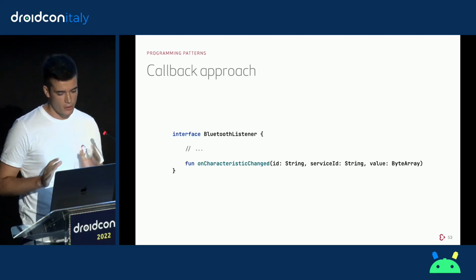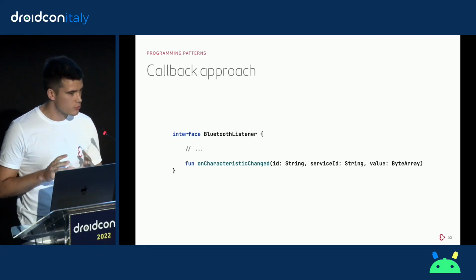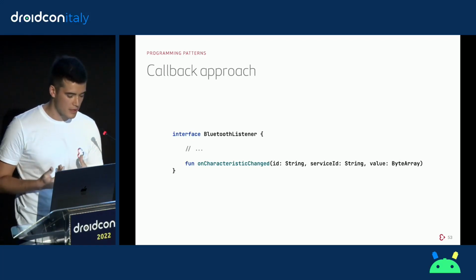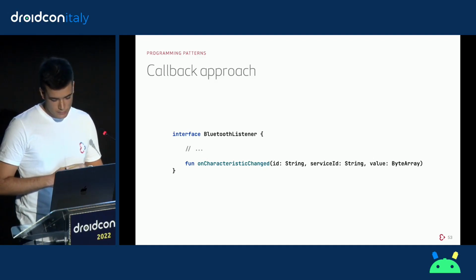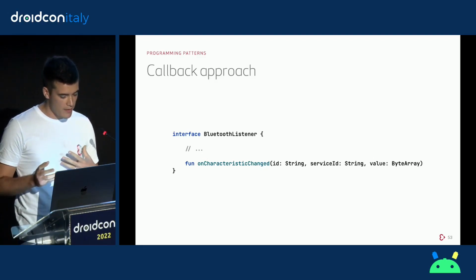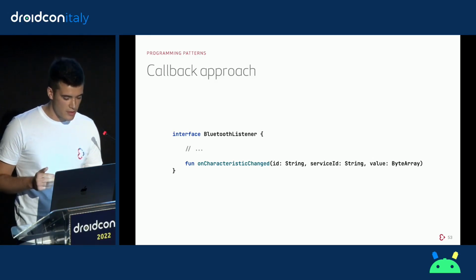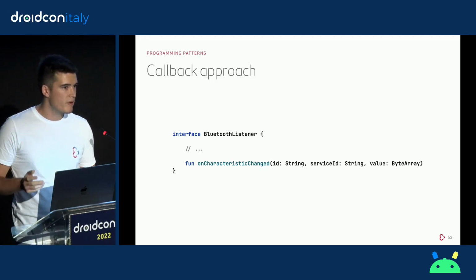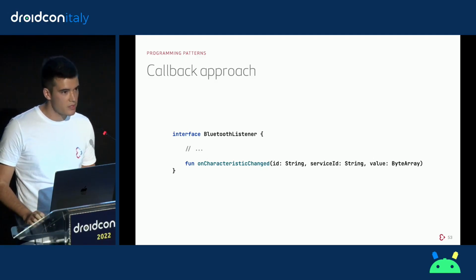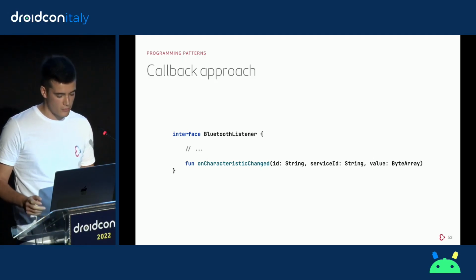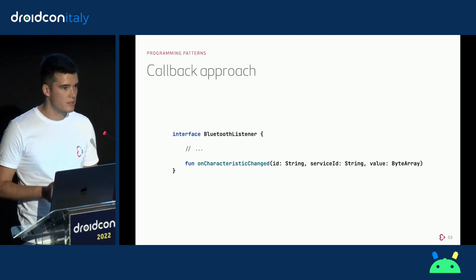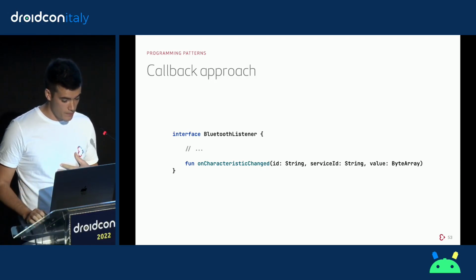For this presentation, we designed just a solution to show you how it can work. Basically, we start with an interface, which is a listener, and such a listener exposes some events. In this case, we have a characteristic change event that tells you that a characteristic in the Bluetooth stack changed.